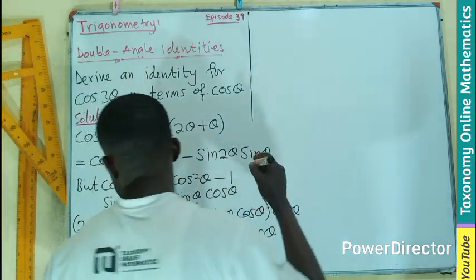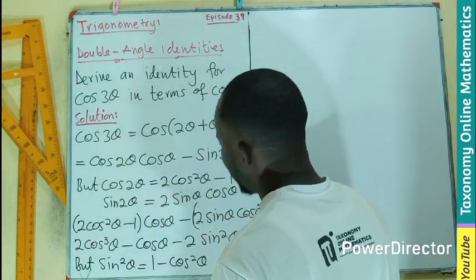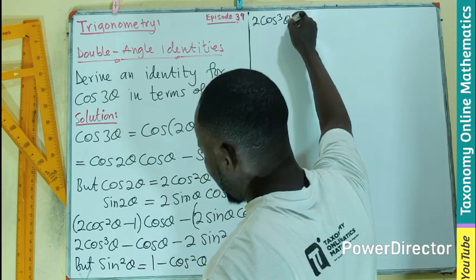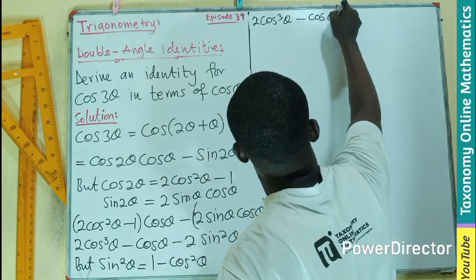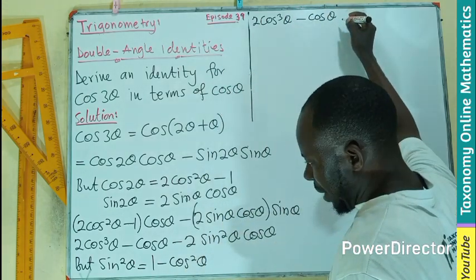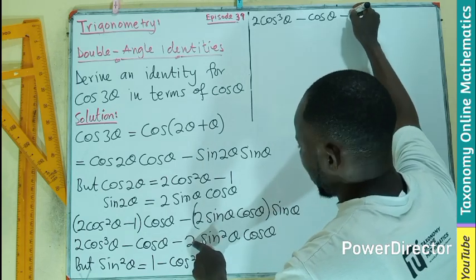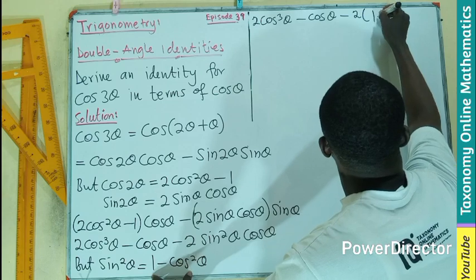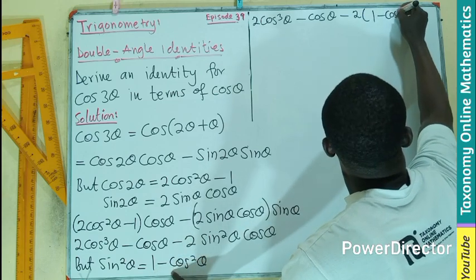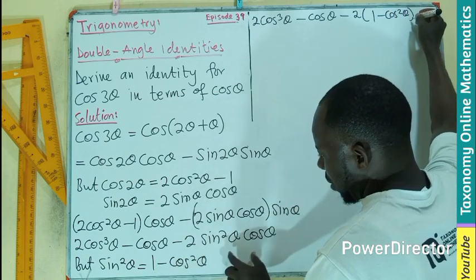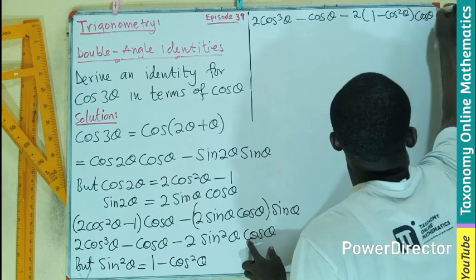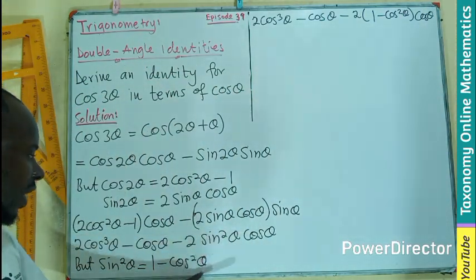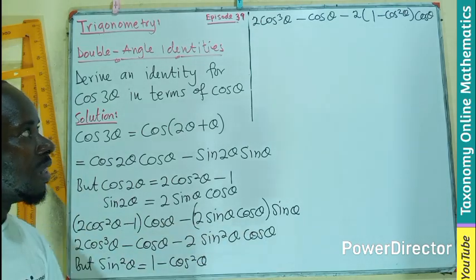So let's maintain the left and see what it will be. That will be 2 cos cube theta minus the cos theta, minus 2 into bracket 1 minus cos squared theta, multiplied by the cos theta. So only this you are changing. The 2 will be there, the cos theta will be there.